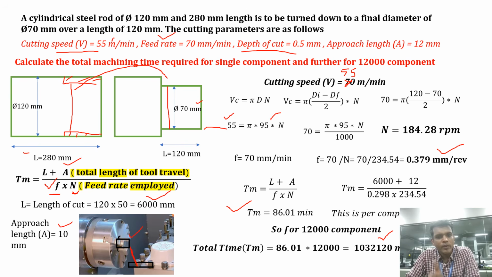So as we move from one operation to another, there are slight modifications in the machining time calculation. We will see what those slight changes are, and how to do the machining time calculation for milling, grinding and drilling, as we go ahead with the different videos.